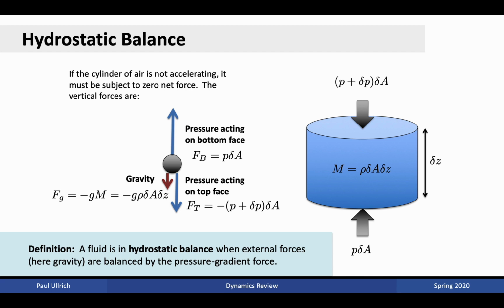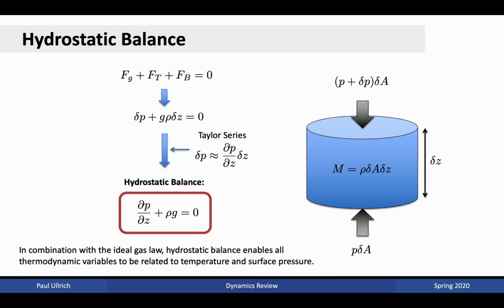We say that a fluid is in hydrostatic balance when external forces, here gravity, are balanced by the pressure gradient force. If we sum up these three forces and force them to equate to zero, we then find, through some simple mathematical manipulation, that delta P plus g times rho times delta z must equal zero.